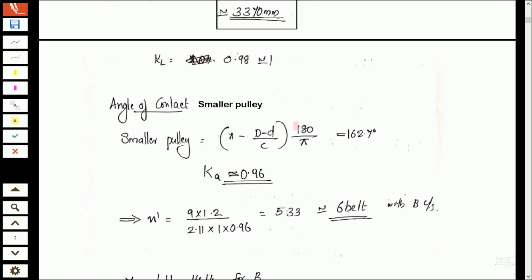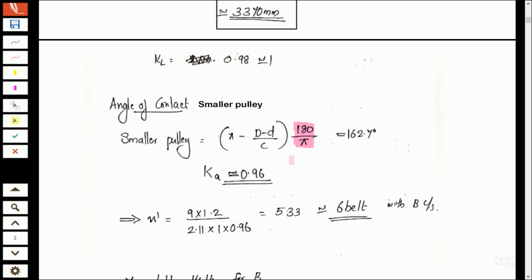I hope you can see it over here, 180 by pi. I hope you all know the reason for that. Because the value I am going to obtain here is in radians and I want to have a value in degrees. To convert it to degrees, I have added 180 by pi. That is the only reason.